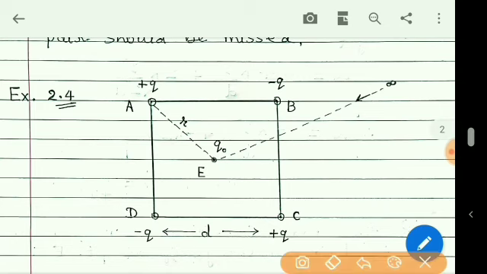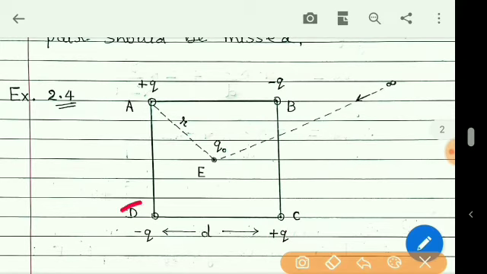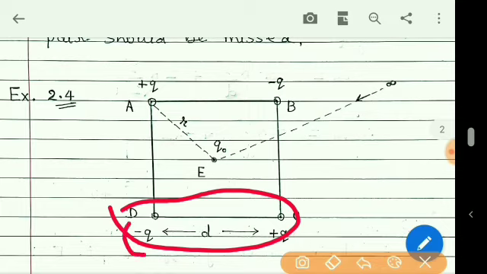Similarly, potential energy between B and C is also the same, because this distance is once again D. Once again the product of two charges, one is negative and the other is positive, so the potential energy is once again the same as earlier. Potential energy of C and D is also the same, because one charge is minus, the other is positive, and the distance is the same because it is a square.